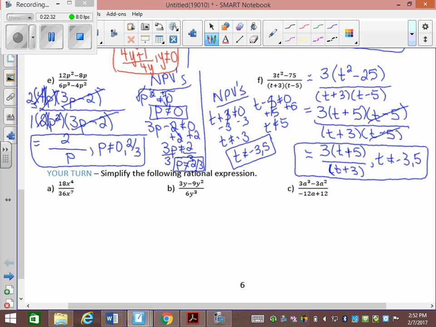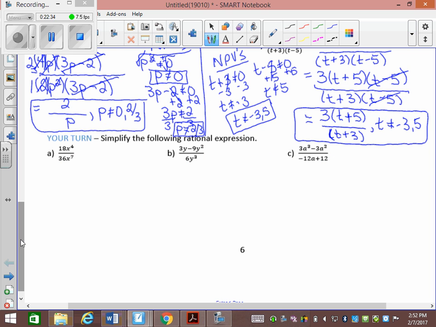Okay, here's your turn. So basically, the first one, you have 18x to the 4th. You could, if you wanted to, because this is an x to the 4th by itself. X to the 4th means I have 4 x's.